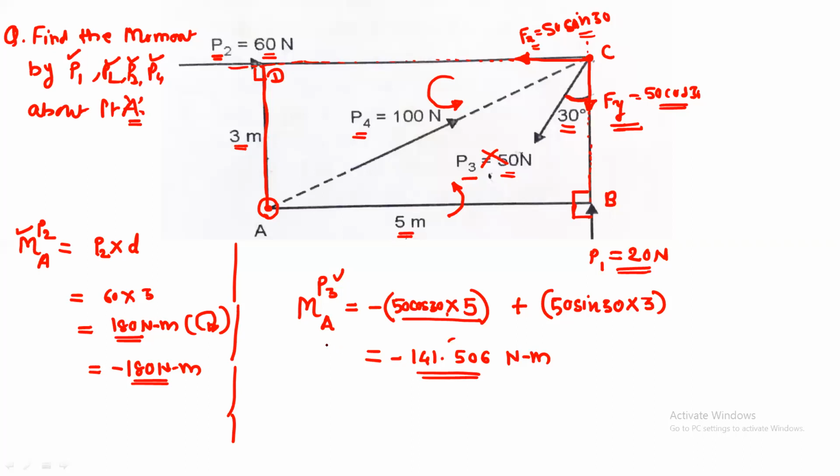Okay, so this is the net moment by the force P3 about the point A. As the answer is negative, that means the net moment must be in the clockwise direction. So we can write this value as 141.506 Newton meter, and we can show the sense of rotation like this. Okay, so this is the net moment. So is it clear to you how to find out the moment by the force P3 about the point A?